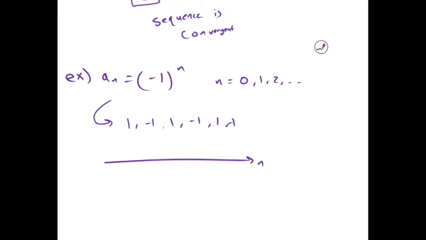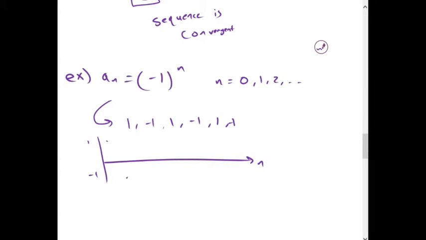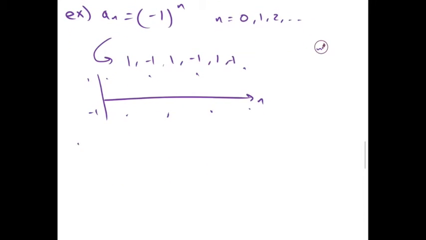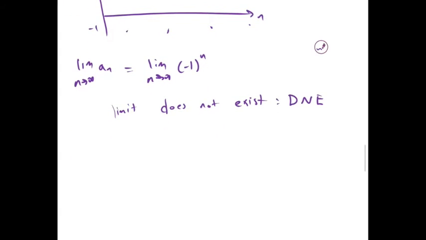As we go forward in n, this goes from 1 to negative 1. So if we're asked what the limit is as n approaches infinity of this sequence, our answer is going to be that this limit does not exist. And we'll use the abbreviation DNE to indicate that. So this sequence is divergent.